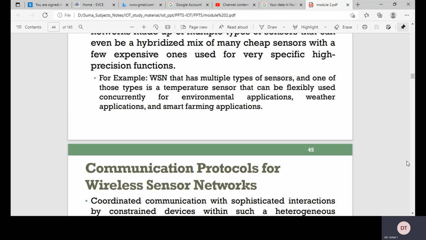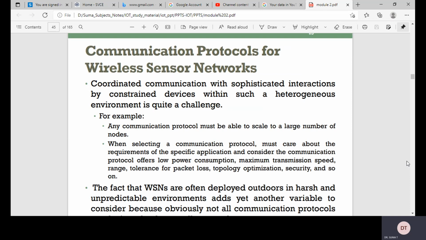Imagine that your WSN has multiple types of sensors and one of those types is a temperature sensor, and that can be flexibly used concurrently for environmental applications, weather applications, and smart farming applications. So coordinated communication with sophisticated interactions by constrained node devices within such a heterogeneous environment is quite a challenge.